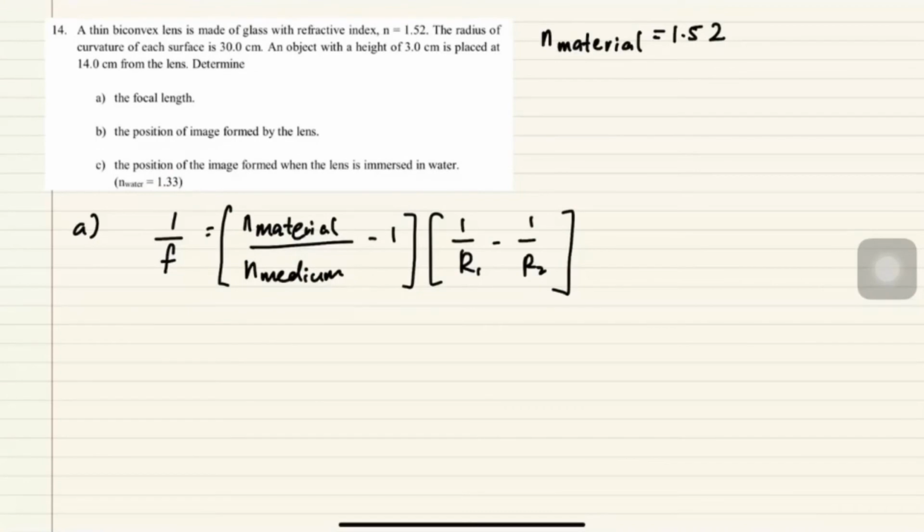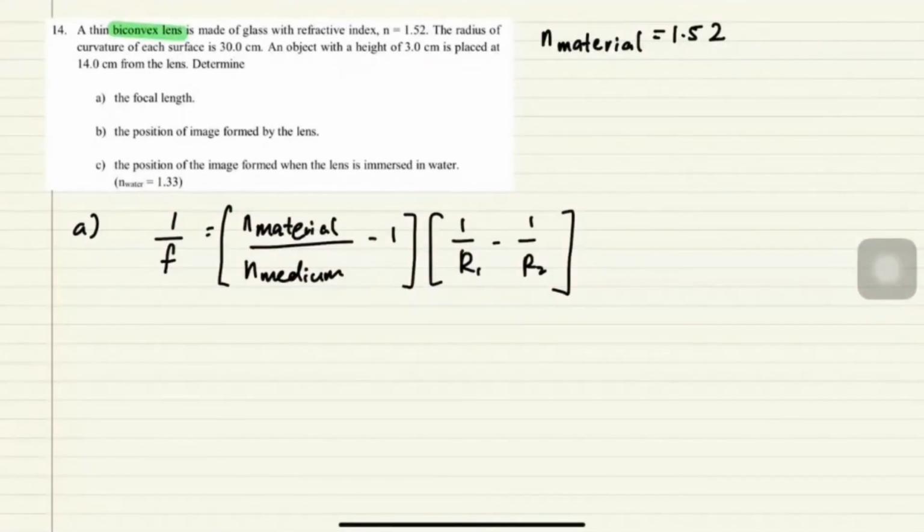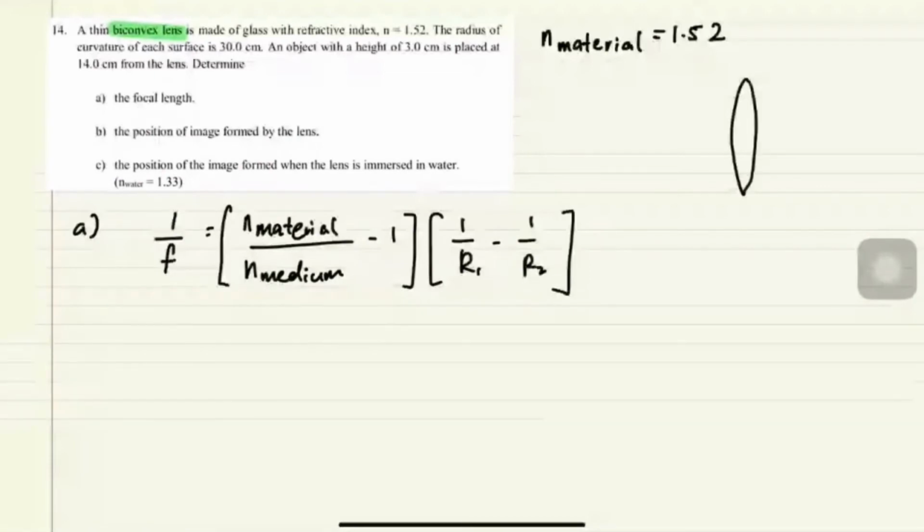Okay, so now biconvex lens tu bentuk dia macam mana? Dia kembung, yes, very good. So satu side kalau kamu tengok dia nampak sebagai convex. Kamu tengok lagi satu side pun kamu nampak convex juga. So bila dua-dua side convex ni dia bentuk macam ni lah, like convex. Okay. So dia kata R dia tu adalah 30 cm for each surface.